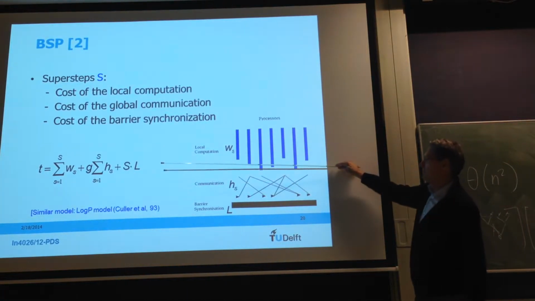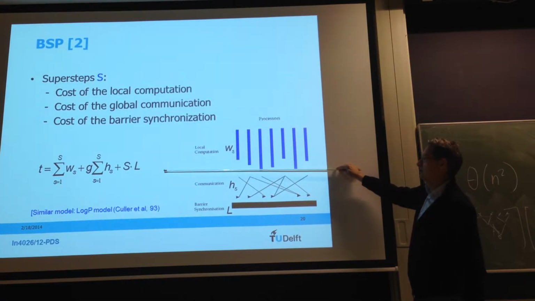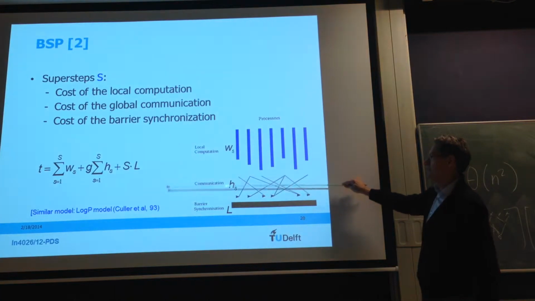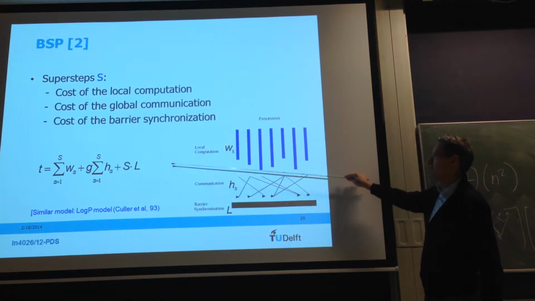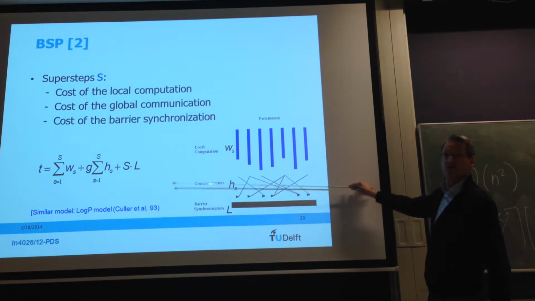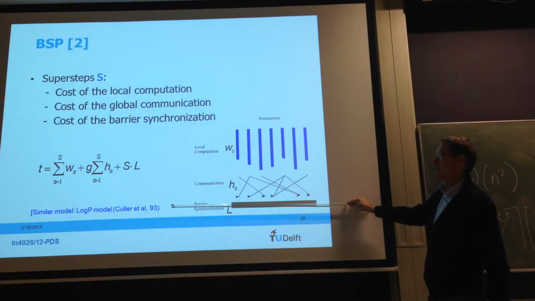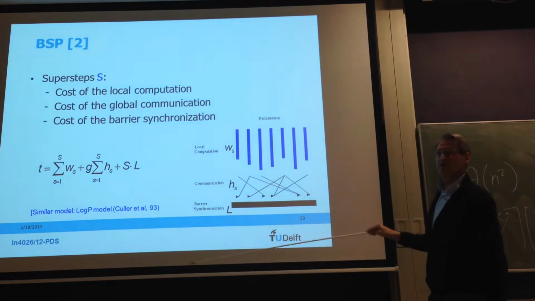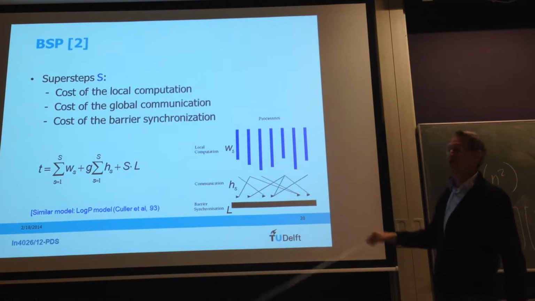Then we have a communication phase where each processor sends at most H messages to another processor. And then we have a barrier synchronization, and then we go to the next phase. So it's a kind of looping system.